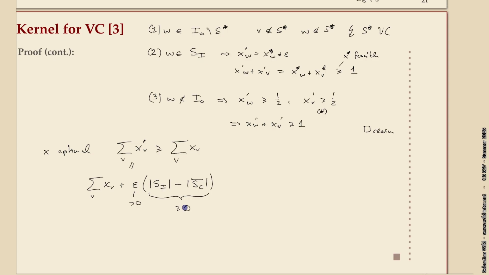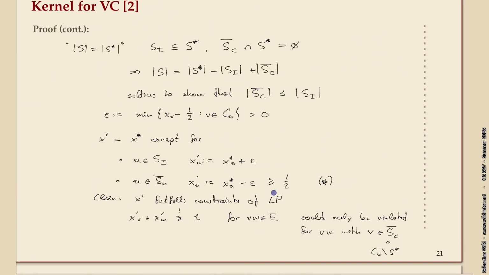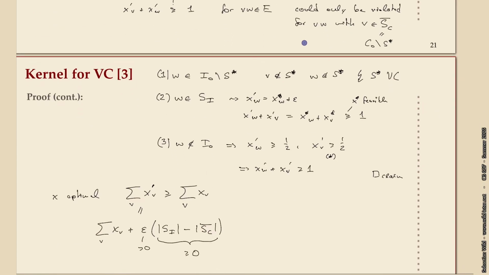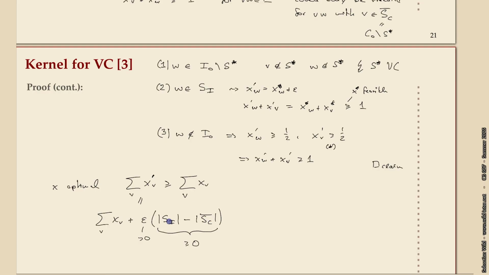And so that means we've proven what we claimed here. It suffices to show that this S_C bar is at most S_I. That's the end of part 1.